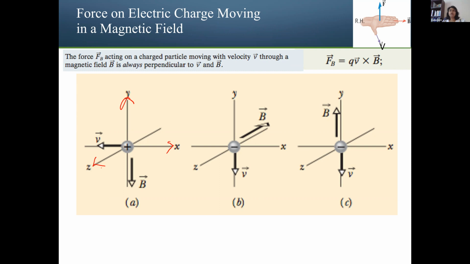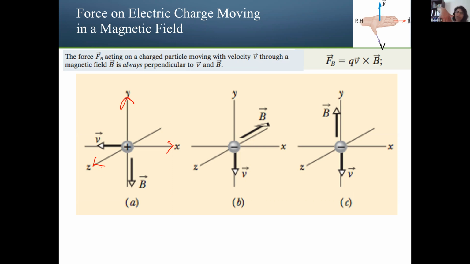Okay, so now I have a proton moving with velocity, that is the first vector, where my thumb is pointing. The thumb is to the left in this case, right? And then the magnetic field is in the downward direction, so my fingers should go downward.